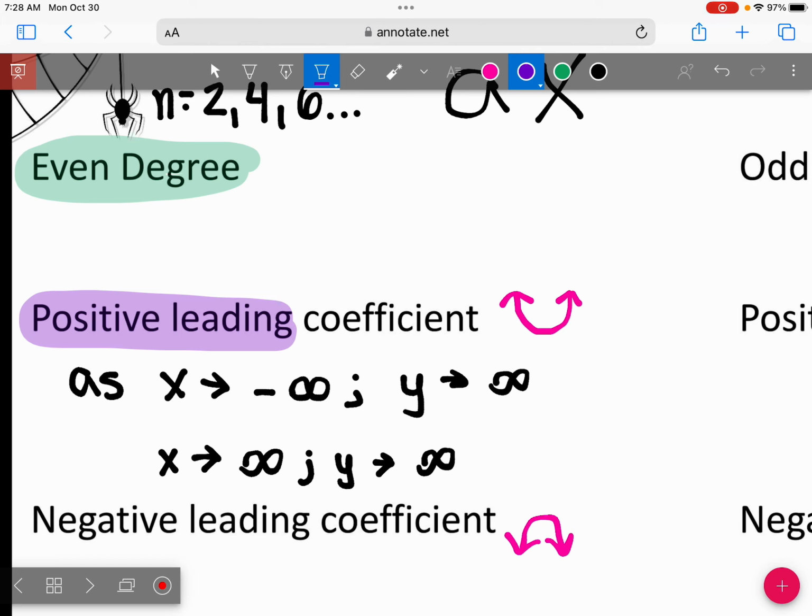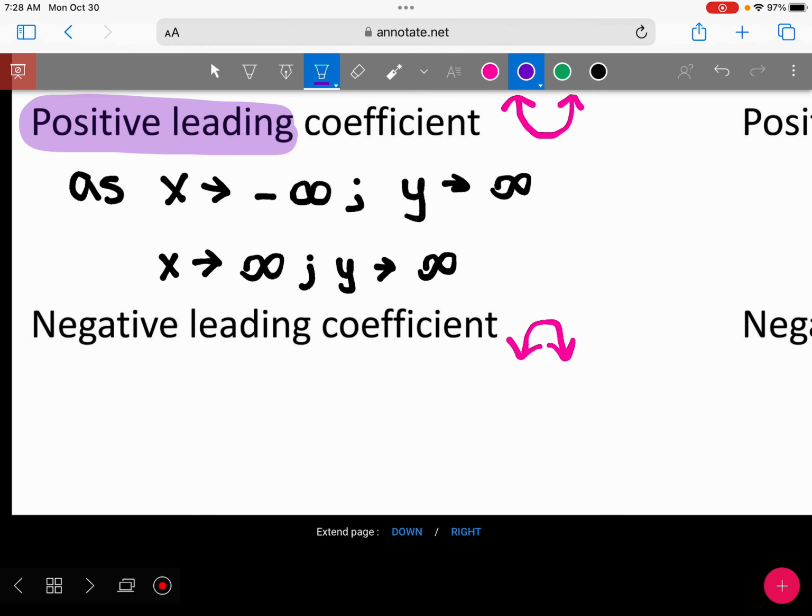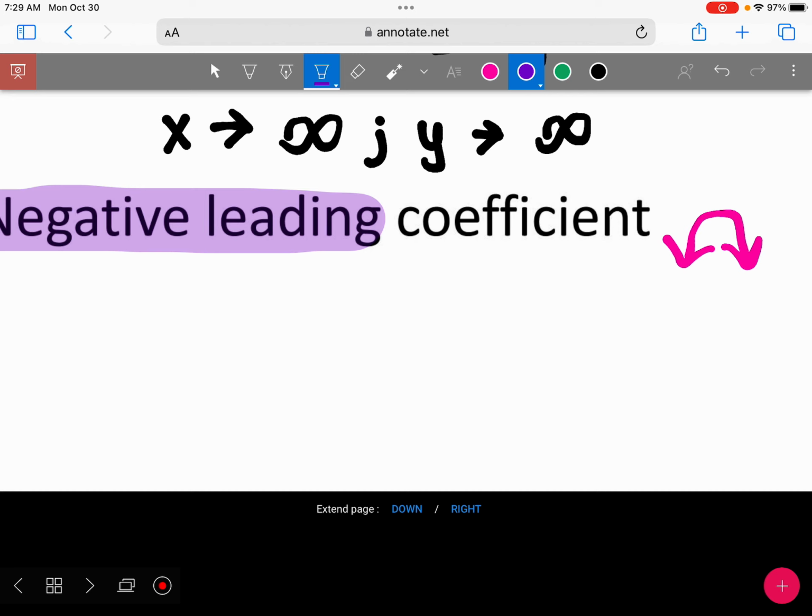So then we're going to write it out for if it was a negative leading coefficient. So if we have a negative leading coefficient, that's when we're going to think about a frowny face parabola, because we're still in those even degrees.